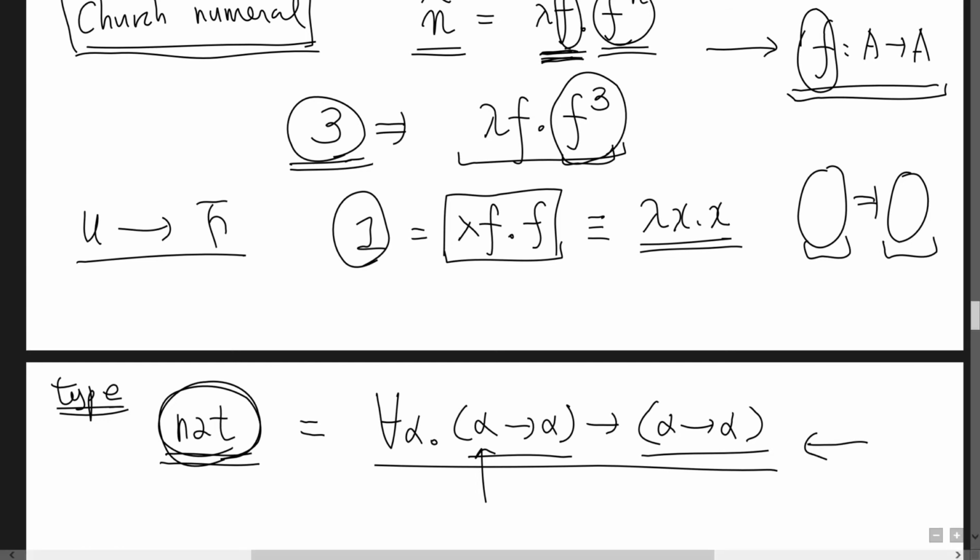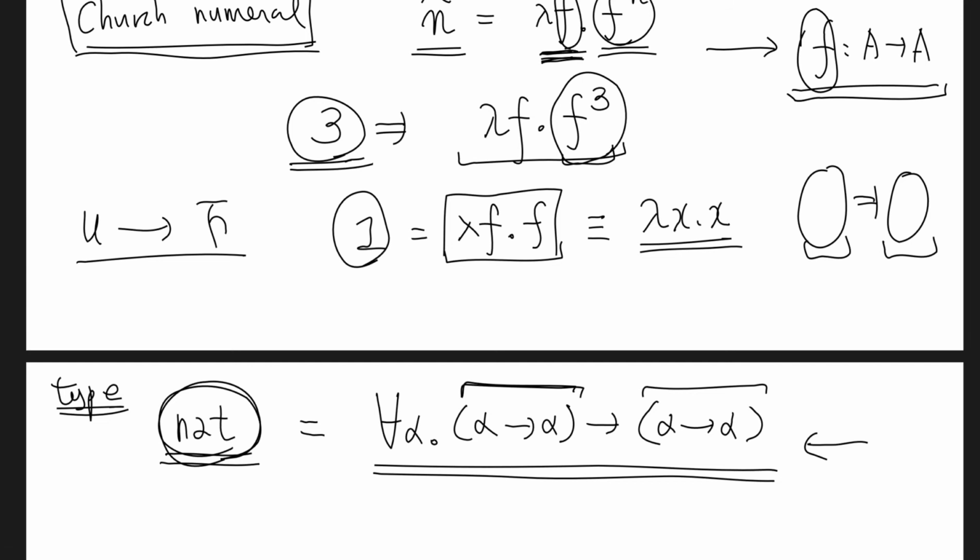And if you think about the meaning of this type, actually the only way to interpret it meaningfully is this is a given function and this is the result of composing this function either 0 times, once, or twice, or a certain number of times.